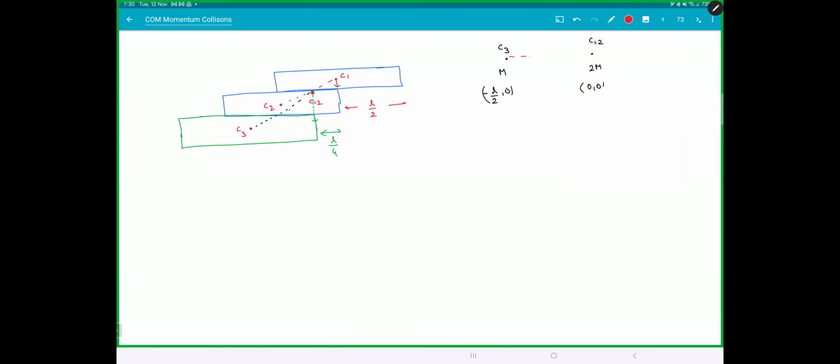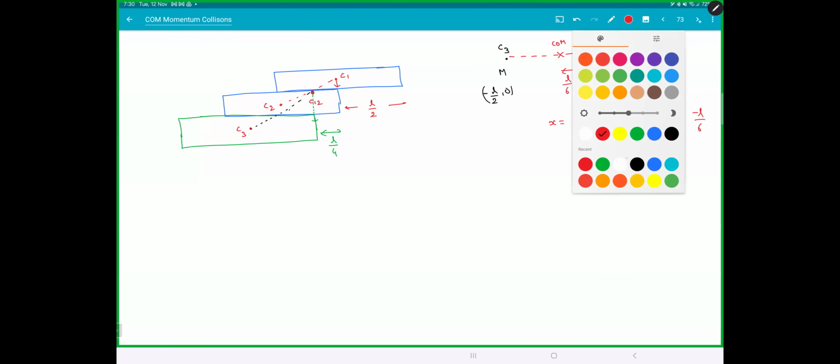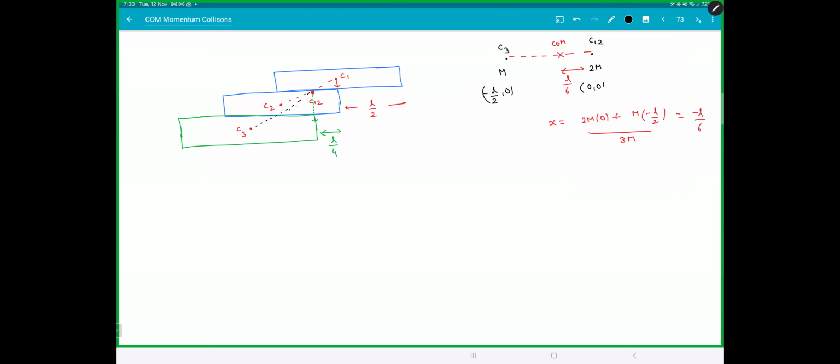So if you try to find the center of mass of these two, it will be somewhere here, which is (2m into 0 plus m into minus L by 2) by 3m, equals minus L by 6. So this distance is L by 6. Meaning the center of mass of these two will be somewhere here. So the fourth plate must be here. This will be L by 6.